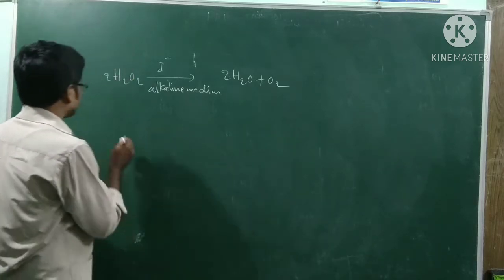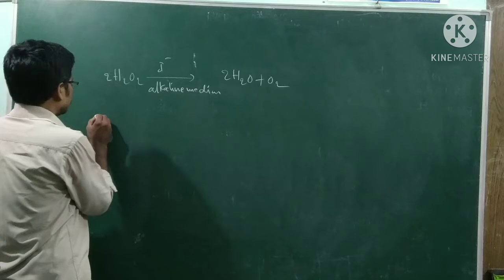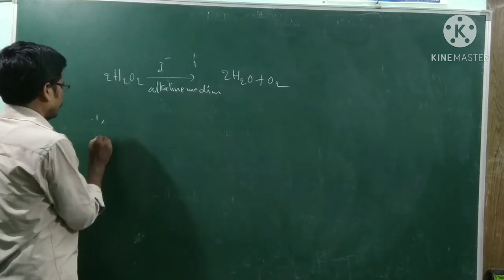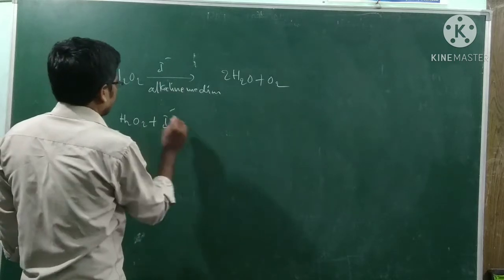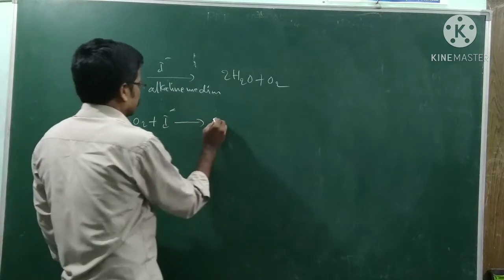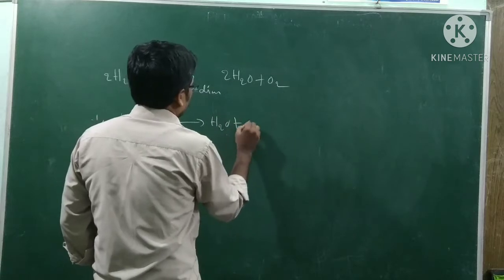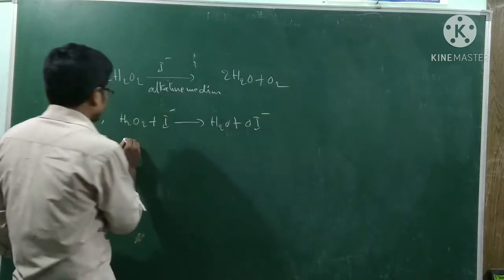That is, two steps are given. H2O2 plus I minus gives rise to H2O plus IO minus.